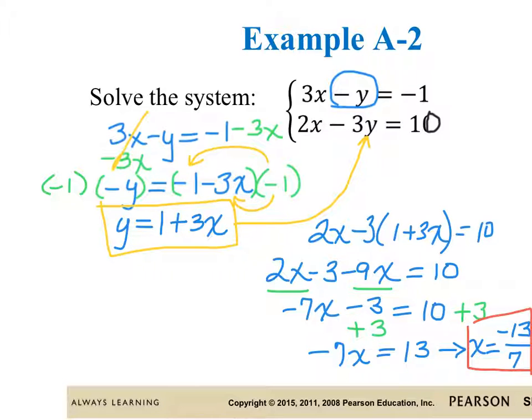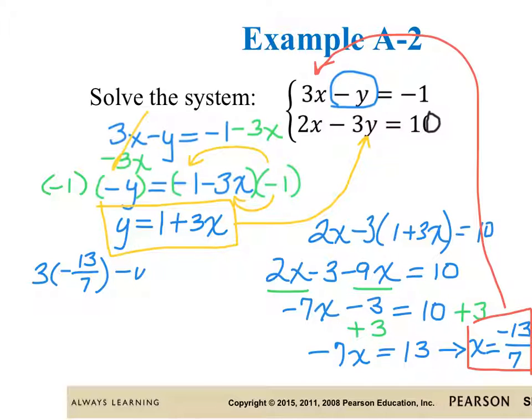And if x equals negative 13 over 7, we'll put that in for x in the first equation. So we will have 3 times negative 13 over 7 minus y equals negative 1. 3 times negative 13 is negative 39 over 7 minus y equals negative 1.